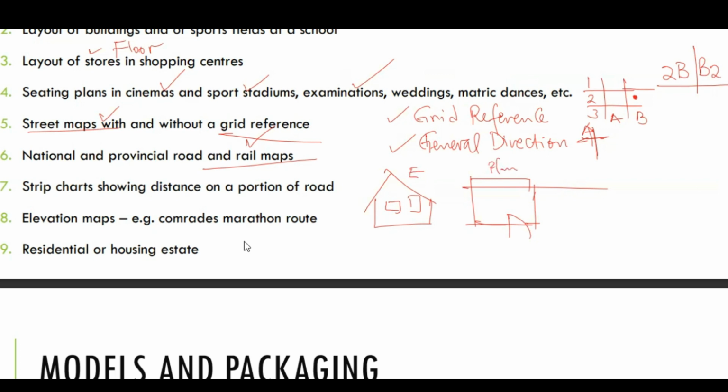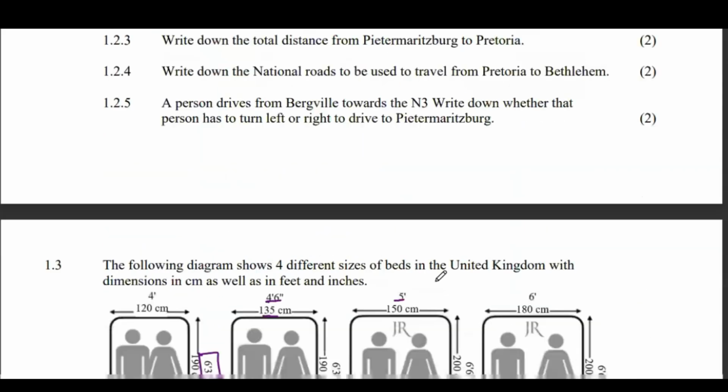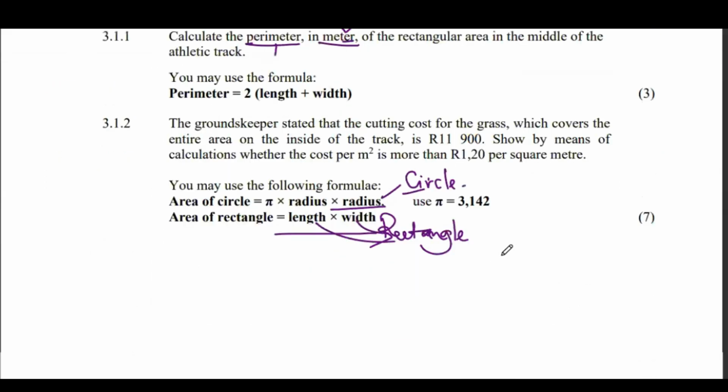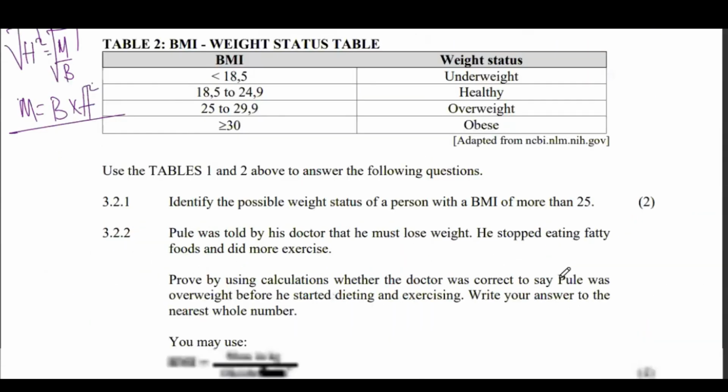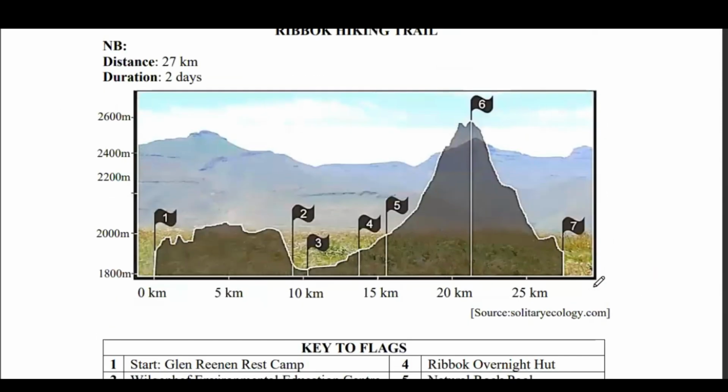Then these days we have what we call elevation maps. Elevation maps are the ones that show how people covered the Comrades marathons. The map like this one here is an elevation map. This is how an elevation map looks like.